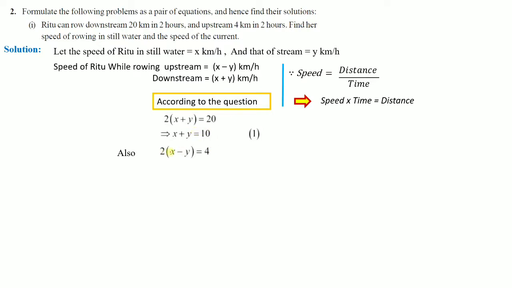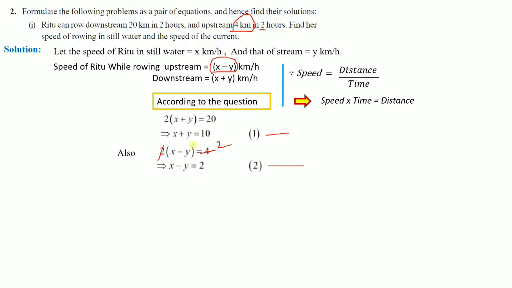So twice of x minus y, this is the upstream velocity, is equal to the distance, 4 kilometer. 2 ones are 2, 2 twos are 4. So x minus y is equal to 2. This is equation number 1 and this is equation number 2.